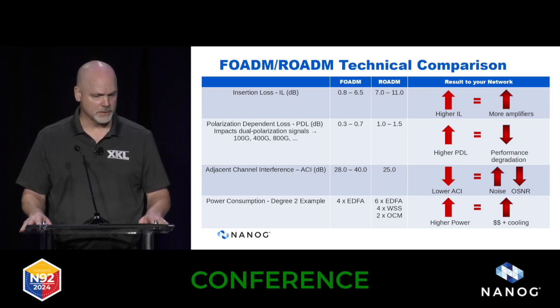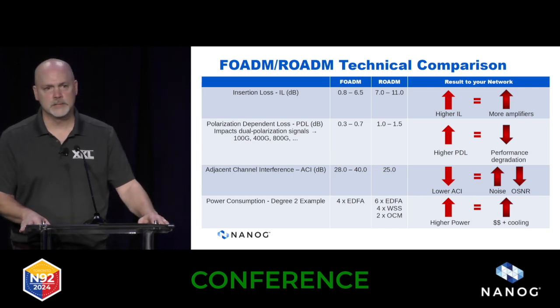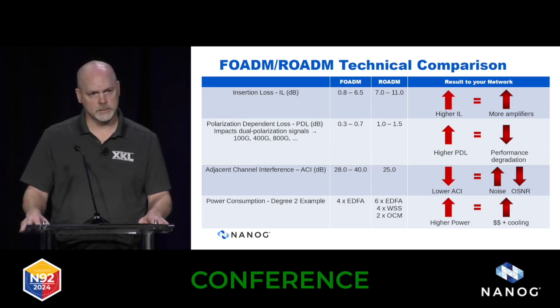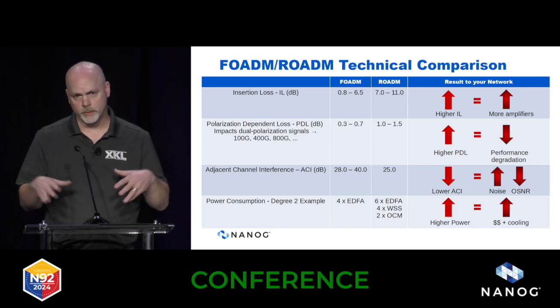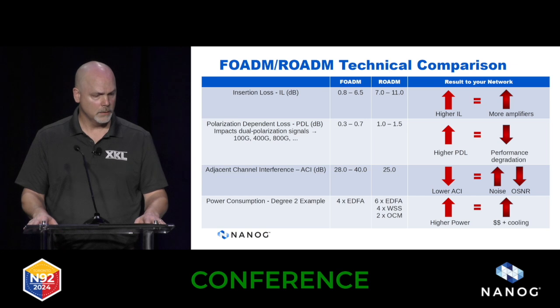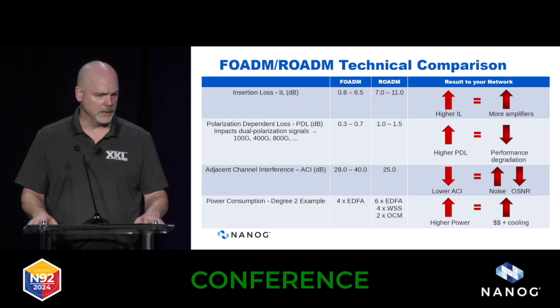On adjacent channel isolation, we talked about that, 28 to 40 dB is the isolation number in a fixed frequency filter. That means that the channel that you're trying to pass is at least 28 dB higher than the adjacent channel, so it's suppressing that much of the adjacent channel. In a WSS, it's a little bit worse. It's about 25.